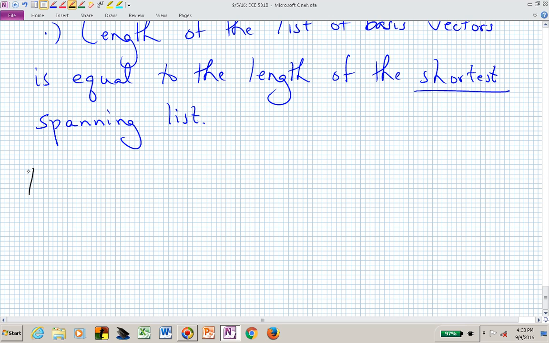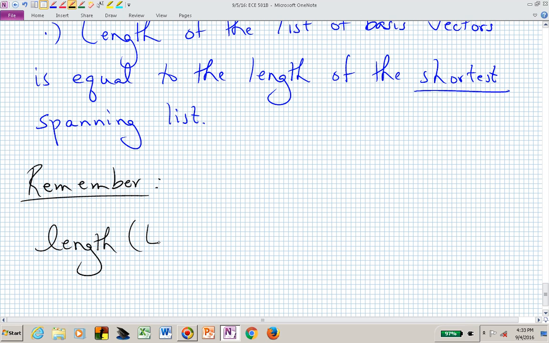And to keep that clear, remember the following relationship relative to a set of linearly independent vectors and the spanning set.